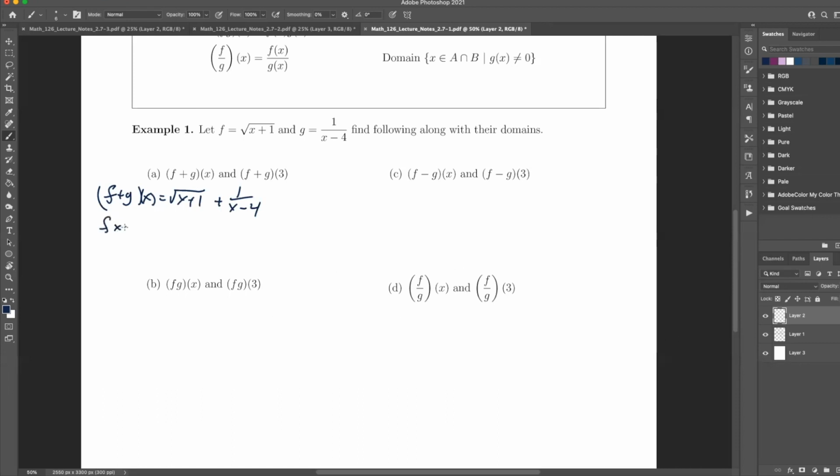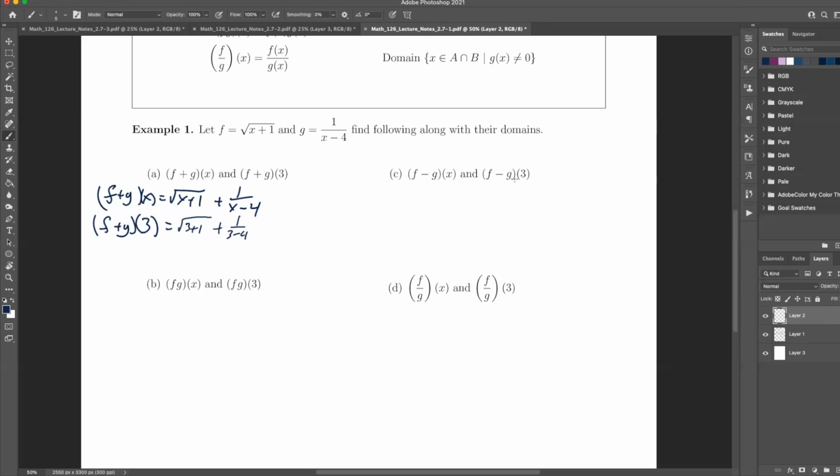So we can just do it all together. If I have f of x plus g of x at 3, I can calculate the square root of 3 plus 1, plus 1 over 3 minus 4, plugging in a 3 where I say x.